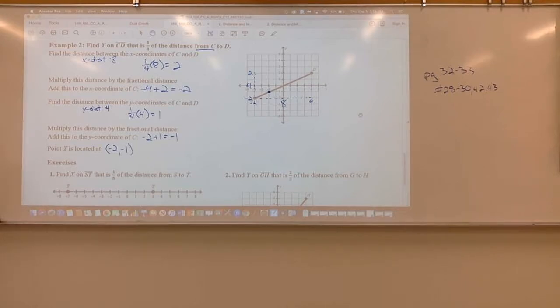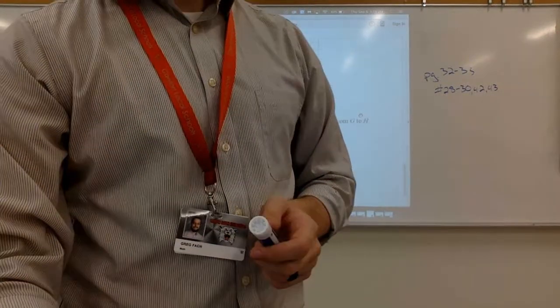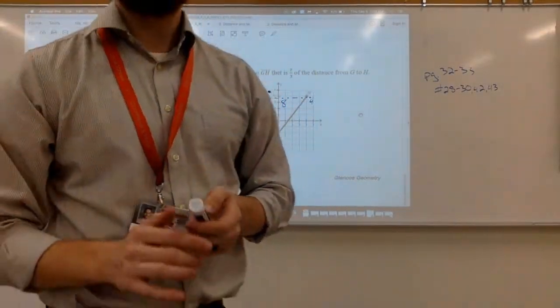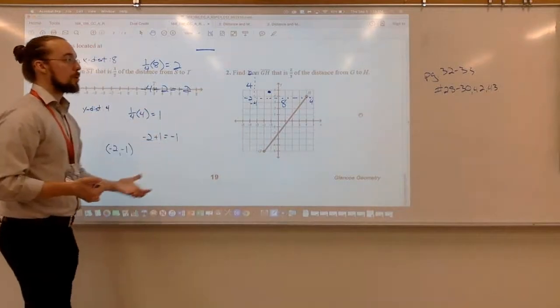Questions? So it's the same thing we did yesterday, just twice. We're doing it for the x's and for the y's now. Right? If there aren't any questions, let's jump down and try one. Okay, so number 2 on the exercises is a similar problem.